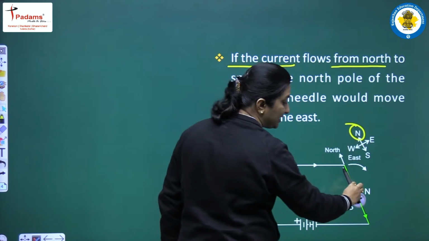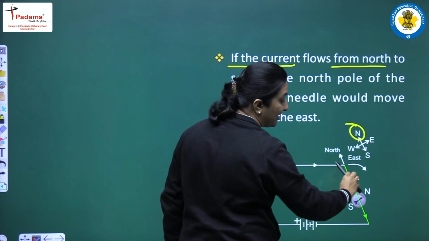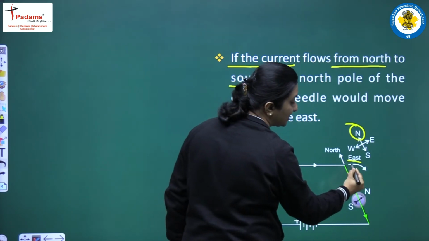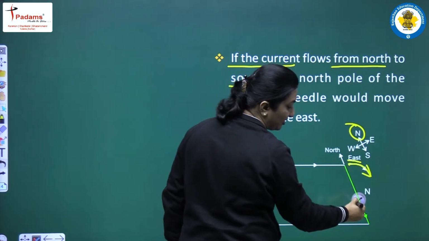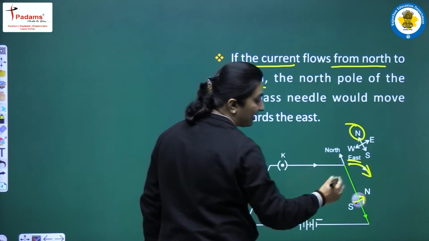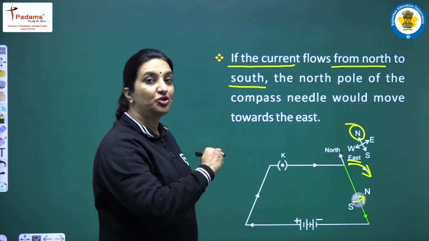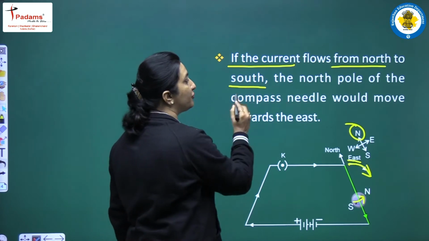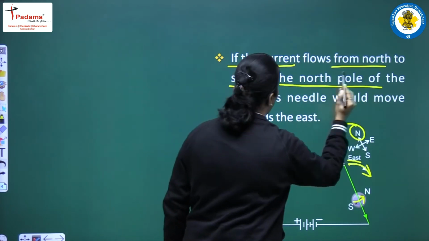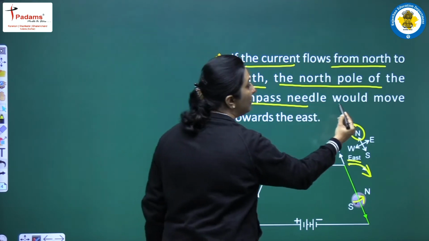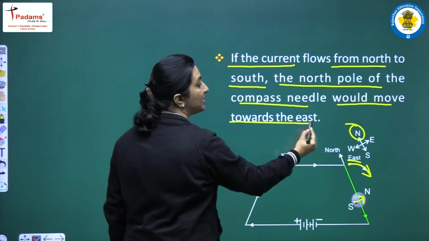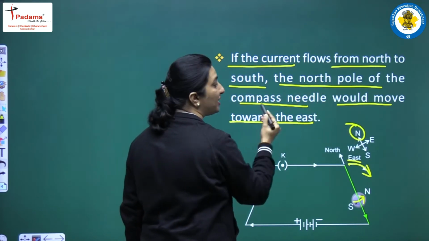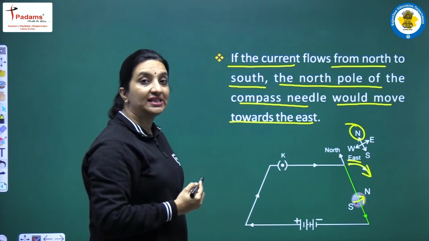Now the compass needle gets deflected towards the east direction. So if the current flows from north to south, the north pole of the compass needle would move towards the east.